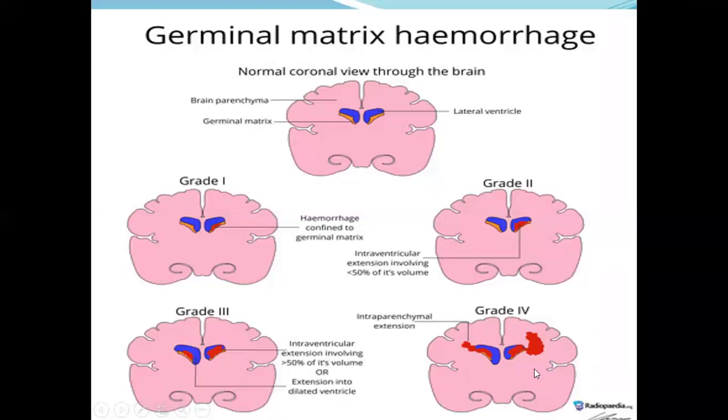Grade 4, again, does not occur in the lateral ventricle. It was known back then that it occurs intracerebrally, then goes into the lateral ventricle to dilate it.